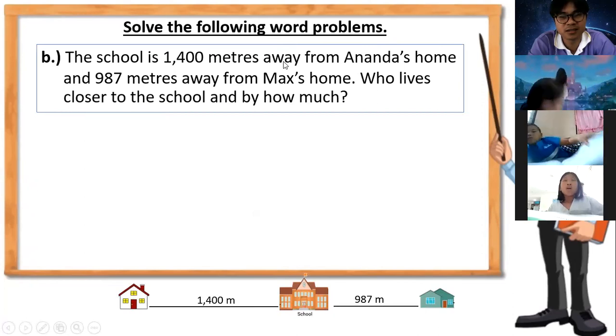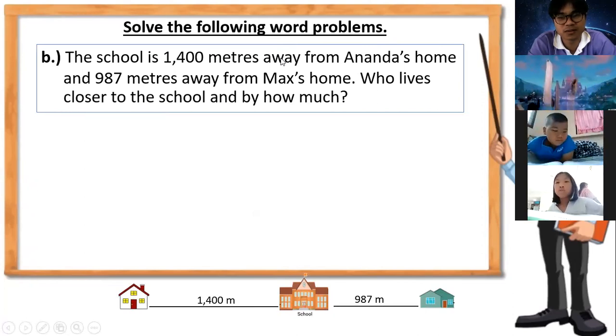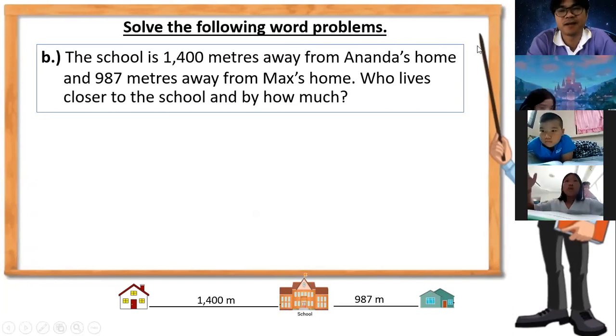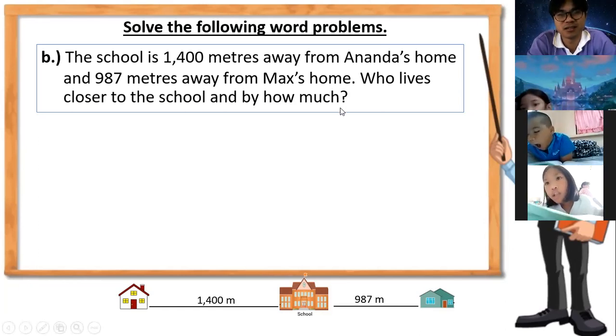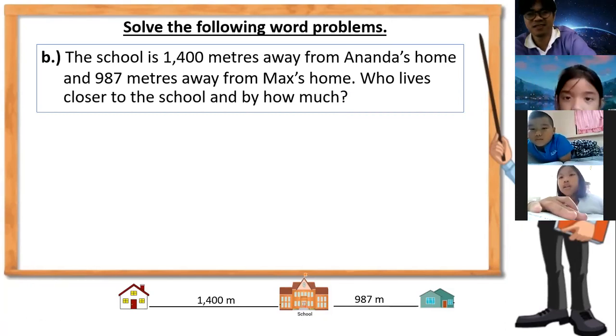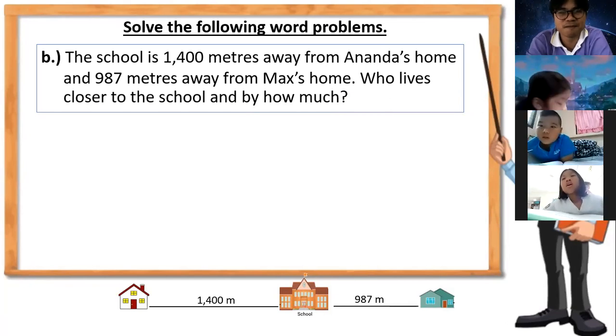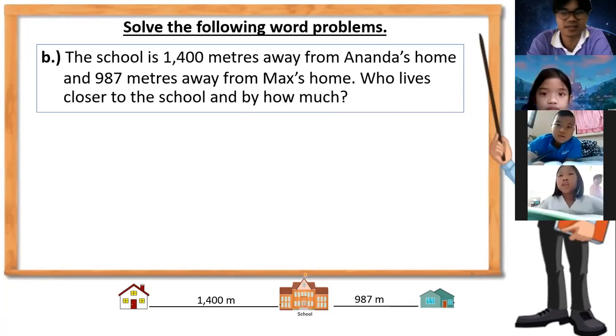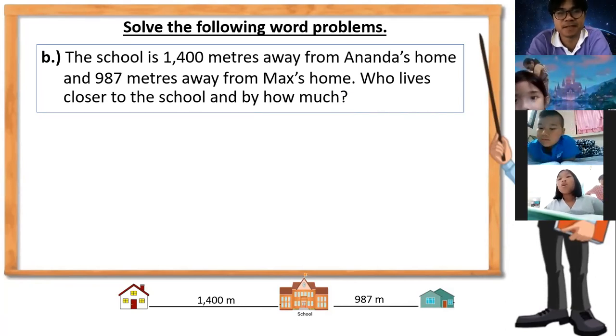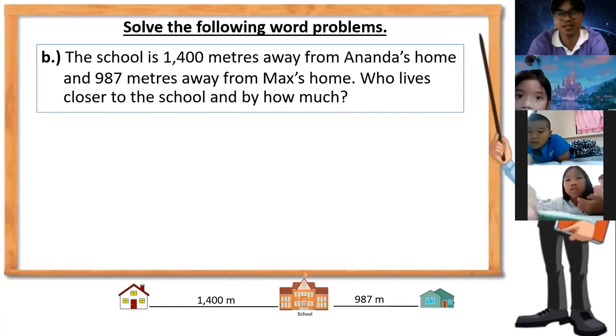The school is 1,400 meters away from Amanda's home and 987 meters away from Max, who lives close to the school. Who lives closer to the school, and by how much? Okay, thank you. Very good.